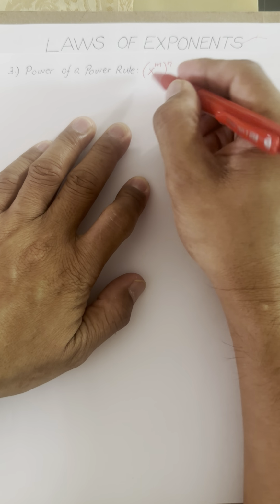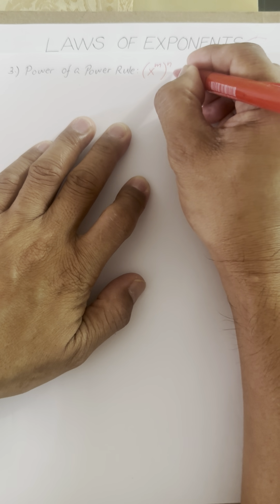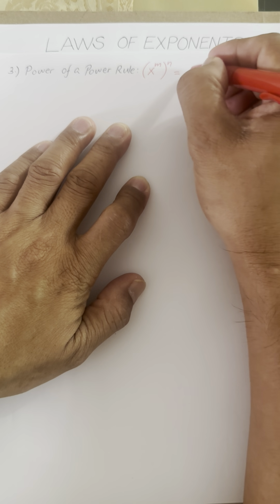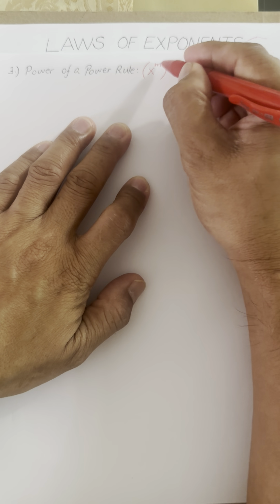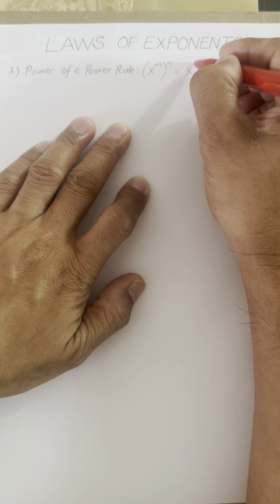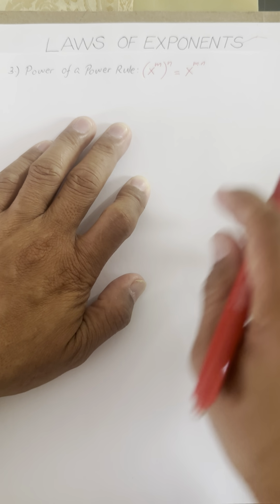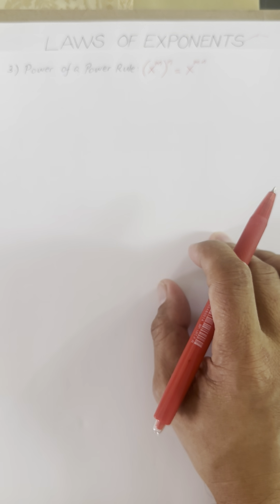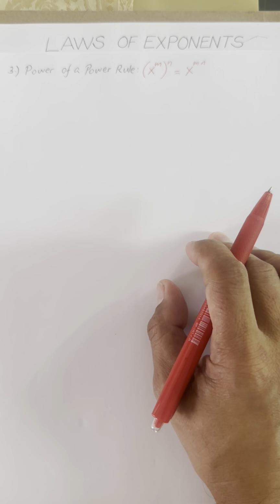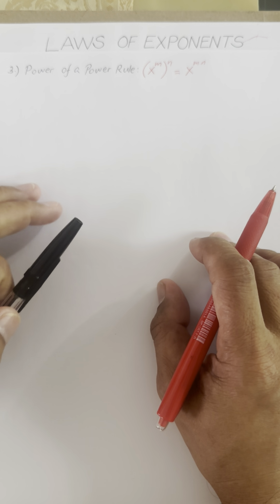If you're given something like this, then we can rewrite this as x to the power of, you just multiply the two powers or the exponents, so m times n. So that's our rule number 3, power of a power rule.